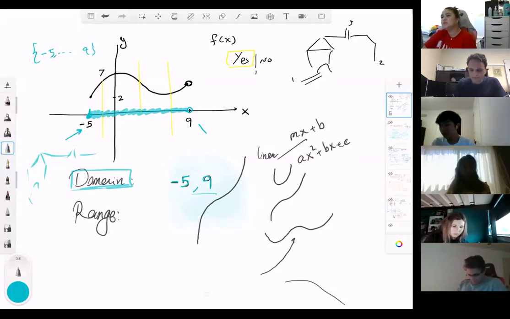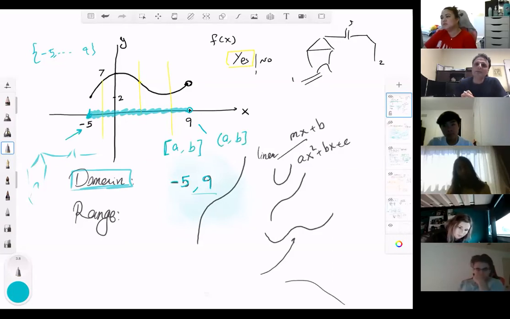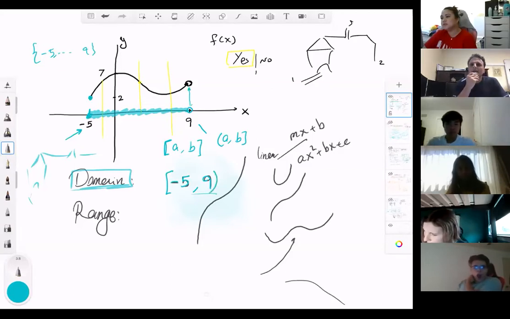Bracket means we are including the endpoint. Parenthesis means we don't include it. So -5, because it's a closed dot here, we will include it, but 9 is an open circle, so we have to put parenthesis. So this will be the domain.